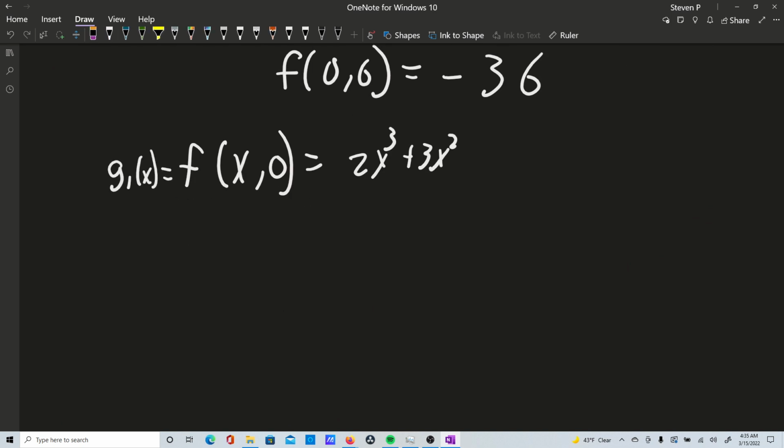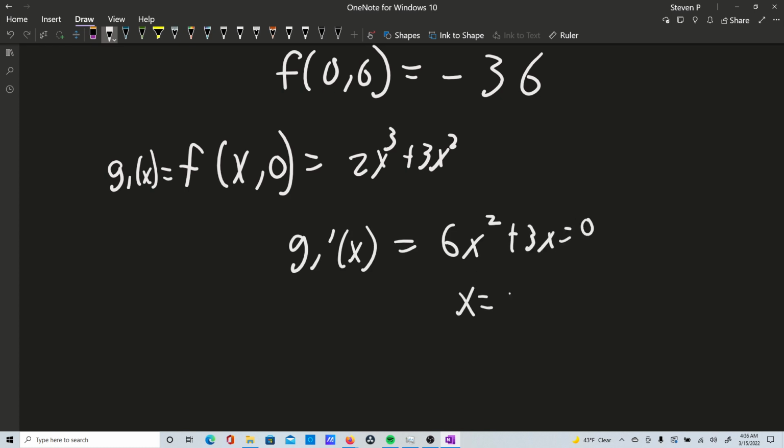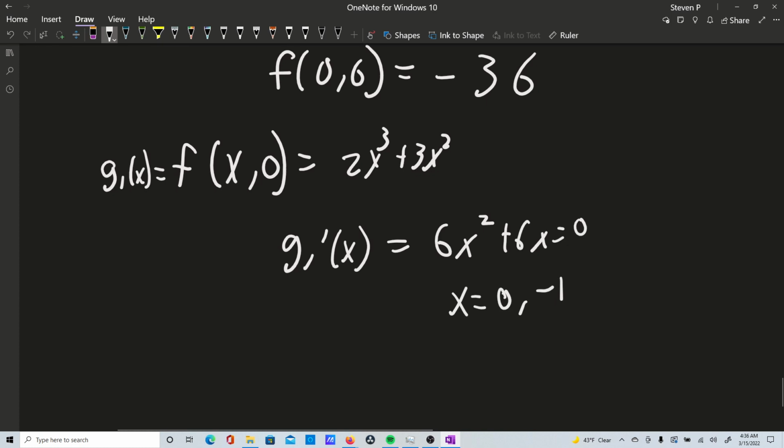For g1 of x, we're trying to find the critical points. That's when 6x squared plus 3x is equal to 0, and this happens when x is equal to 0 or -1. Again, -1 is not in the domain, but x equals 0 is.